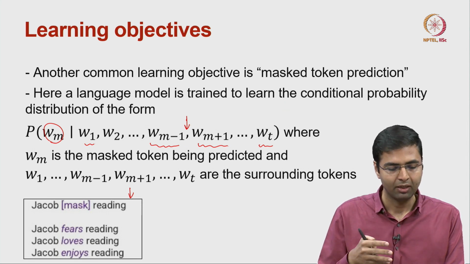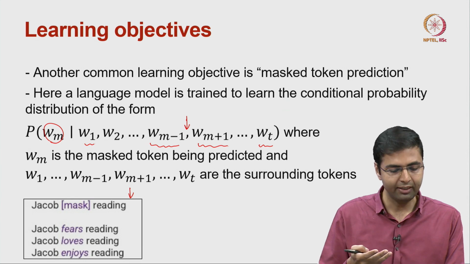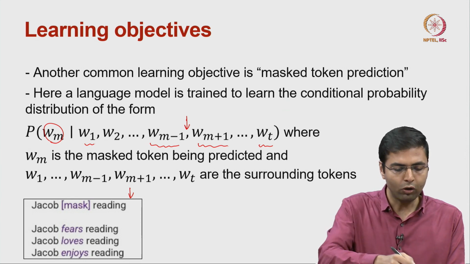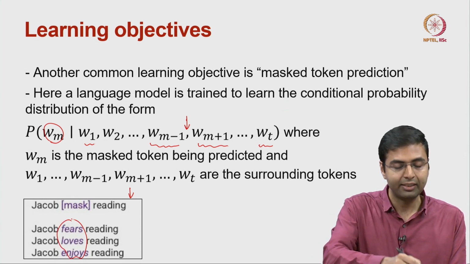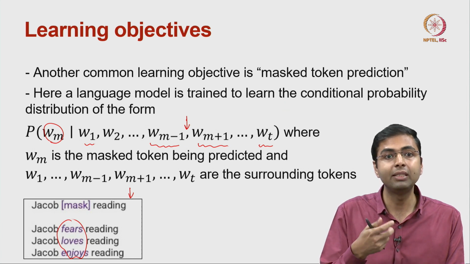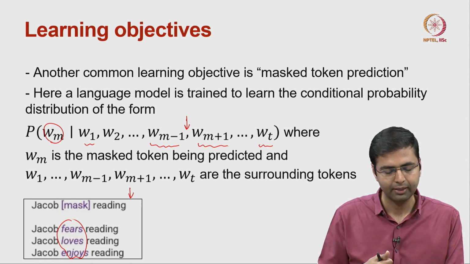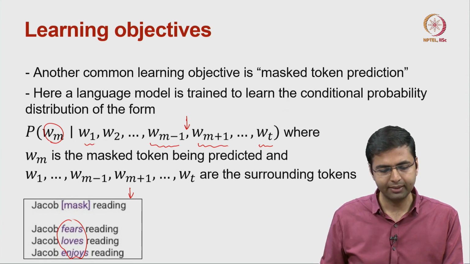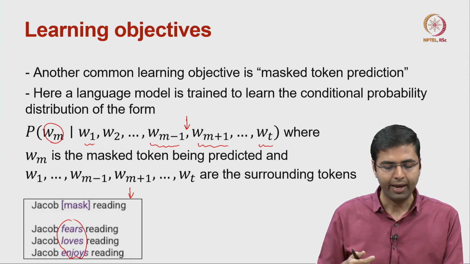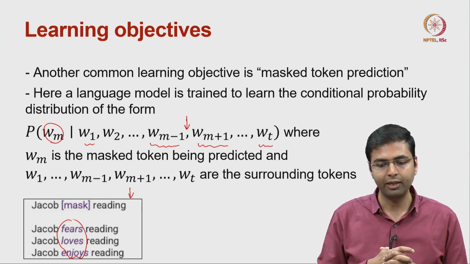For example, Jacob fears reading, Jacob loves reading, Jacob enjoys reading. All of these words may get significant probability because they make grammatical sense and they would have been seen in the training data as well. So, both masked modeling as well as next token prediction are commonly used learning objectives.